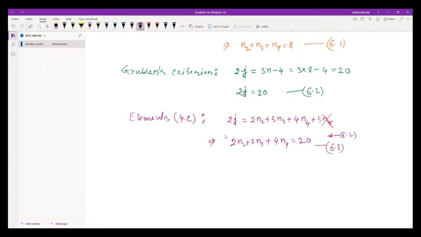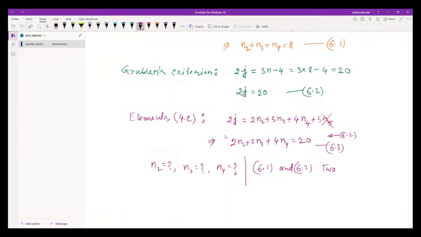Now actually we want to find out how many n2s are there, how many n3s are there, and how many n4s are there. But we have only two equations, 6.1 and 6.3.